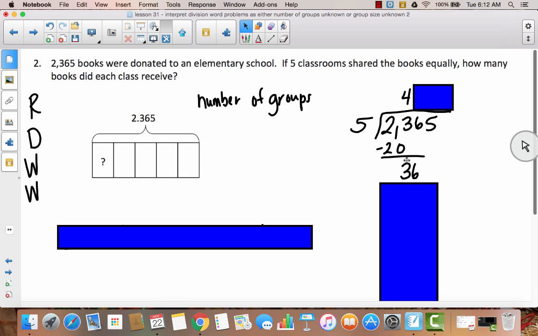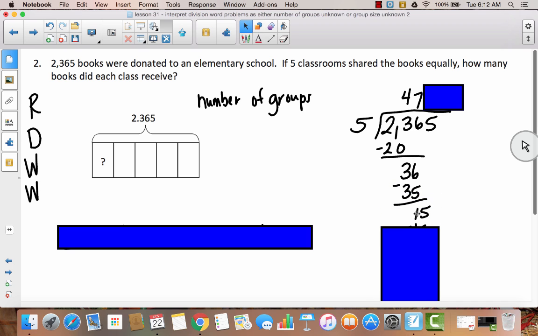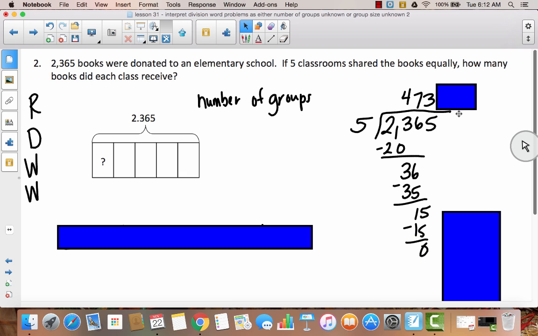I took those 3 hundreds and added those to the 6 tens, and that gave me 36 tens. 36 divided by 5 is 7. 7 times 5 is 35, so that meant that I had 1 ten left over, and I added that to my 5 ones, and that gave me 15. 15 divided by 5 is 3, and 3 times 5 is 15, and that left me with a remainder of 0.